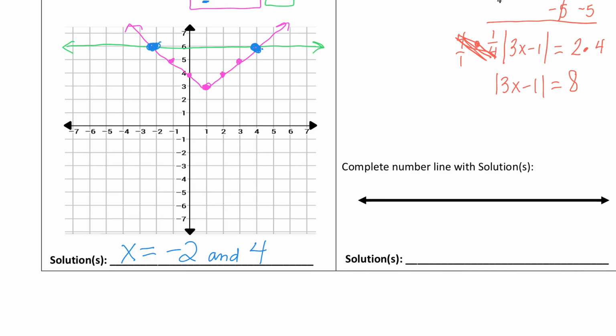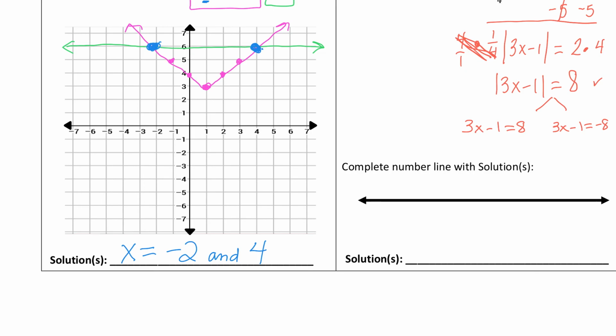Now at this point you would want to double check that the absolute value is equal to a positive, and it is, so now at this point you would split it. So you would have 3x minus 1 equals positive 8, and you would have 3x minus 1 equals negative 8.